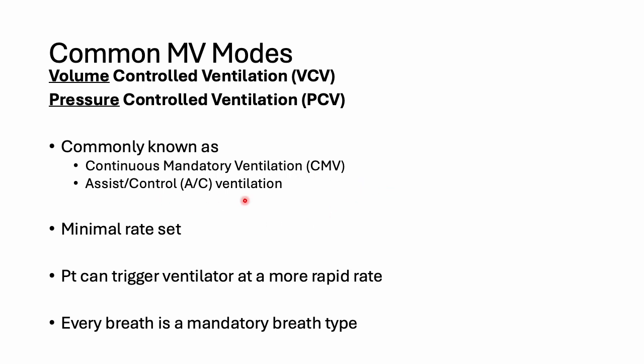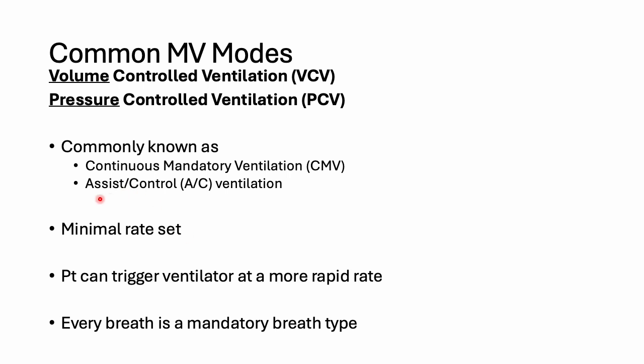The most common descriptors of these modes you'll hear are AC PC, assist control pressure control, or AC VC, assist control volume control. These are the more common terms that you may hear people use to describe these two modes. But in actual fact, they are just VCV and PCV.